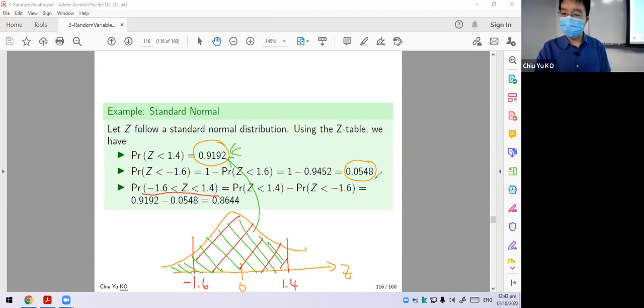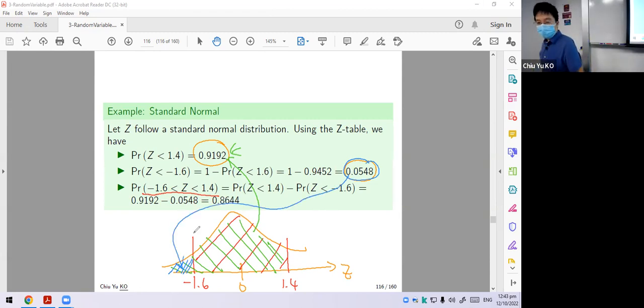And you also have the second one, less than 1.6, the blue one. It's this guy. You have that already. And again, kindergarten: green minus blue is red, right? Or if you like, blue plus red is green. So then you know how to calculate.